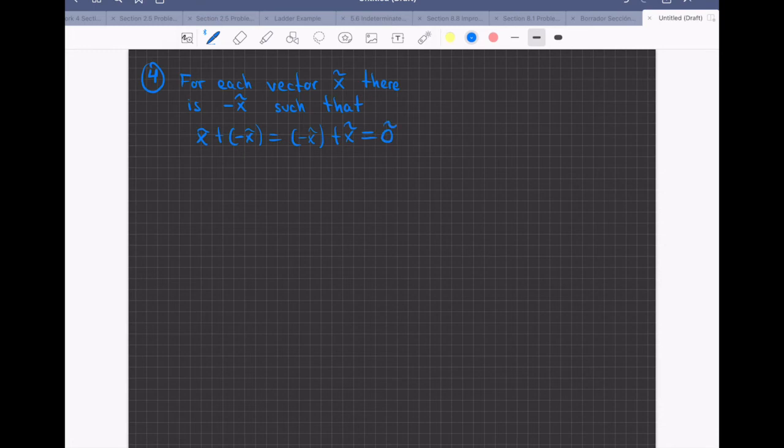This means that for any vector, we can always find its inverse with respect to addition, such that when we perform the addition, we end up with the zero vector. This is like in the real numbers, right?